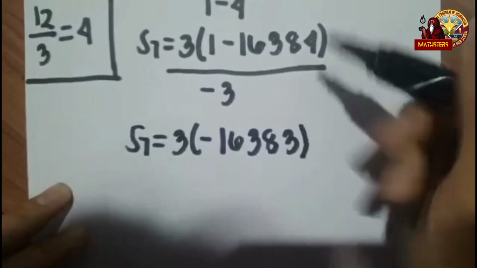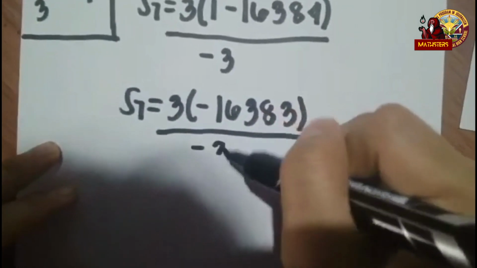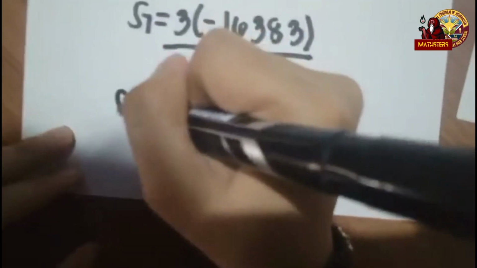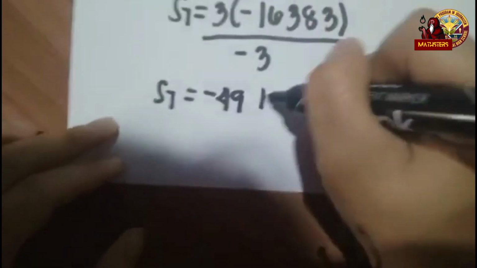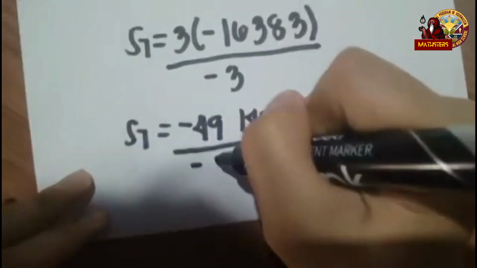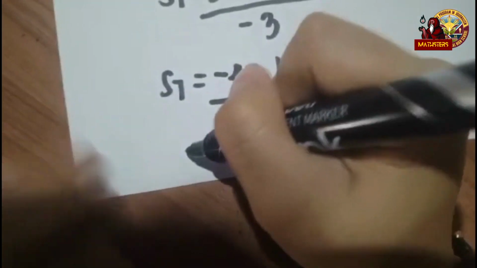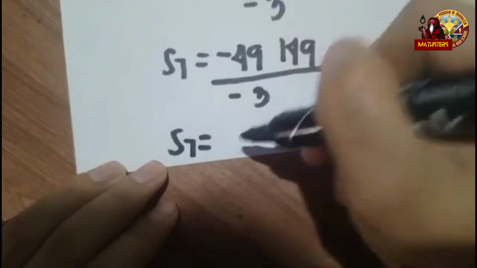After that, multiply negative 16,383 to positive 3 and copy the denominator, negative 3. Lastly, divide negative 49,149 to negative 3 and we got the answer, 16,383.